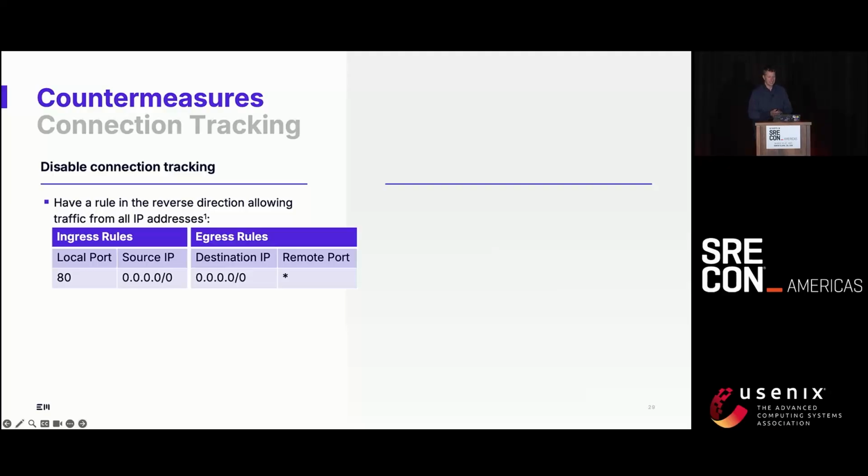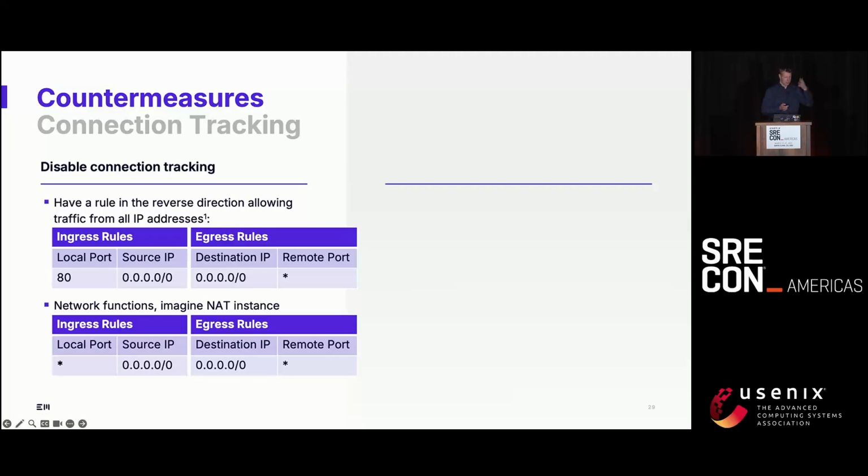That's easy, right? So with the security group having an incoming rule which allows traffic from all IPs to your port 80, and an egress rule which allows traffic to all IP addresses, that's important, it must be all IP addresses, then you can disable connection tracking and have as many connections as you wish.